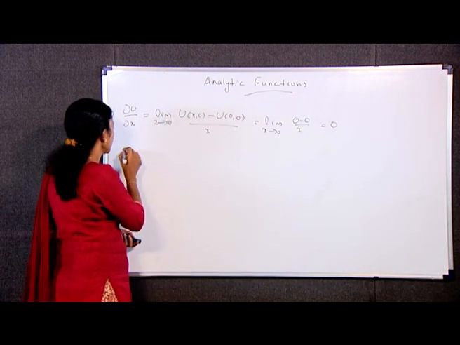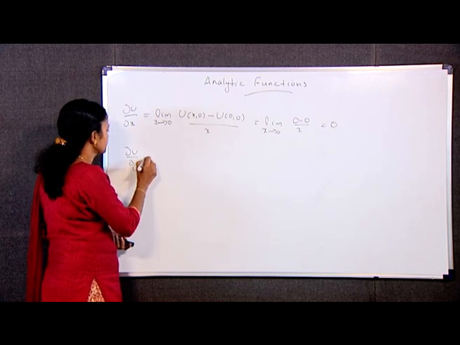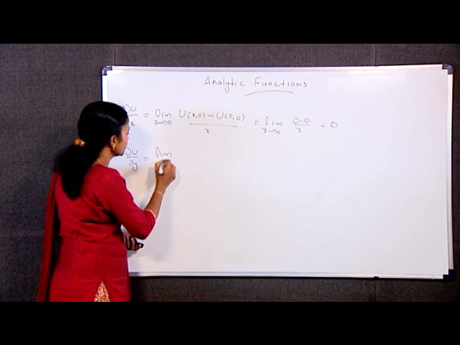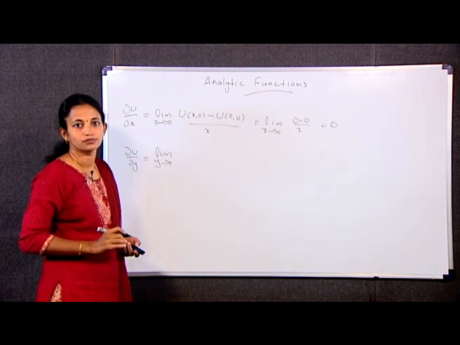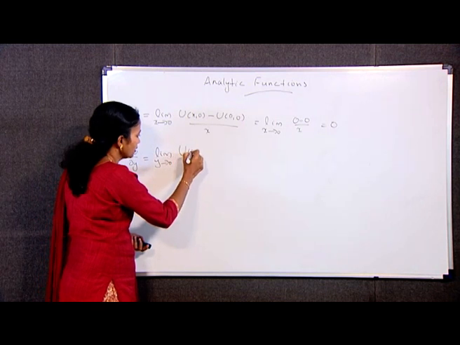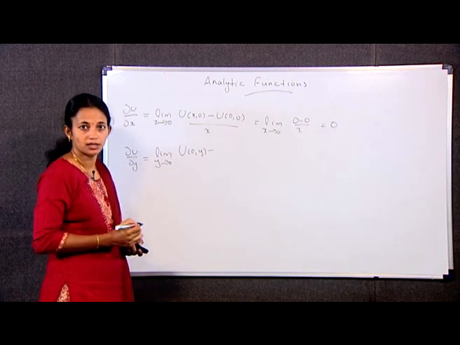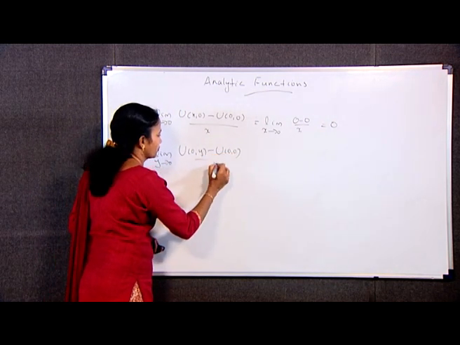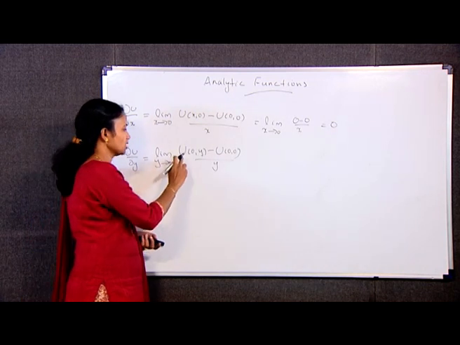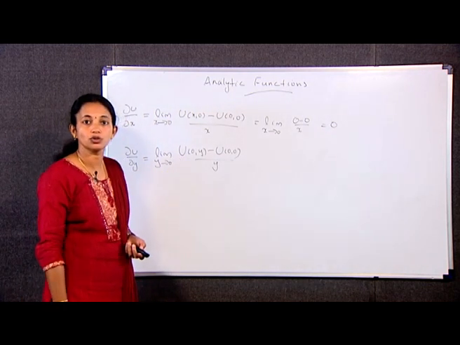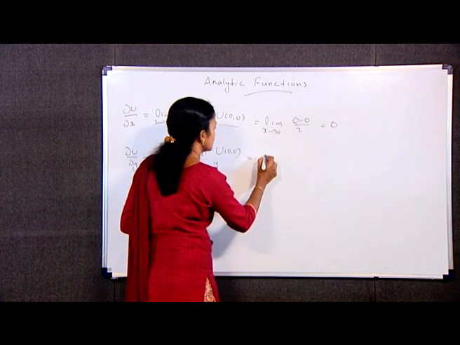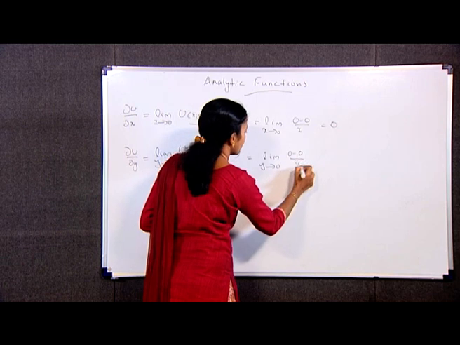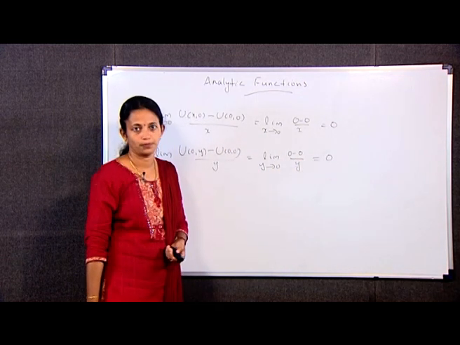And dou u by dou y is the limit as y tends to 0 of u(0,y) minus u(0,0) by y, which is the limit of 0 minus 0 by y, again equal to 0.